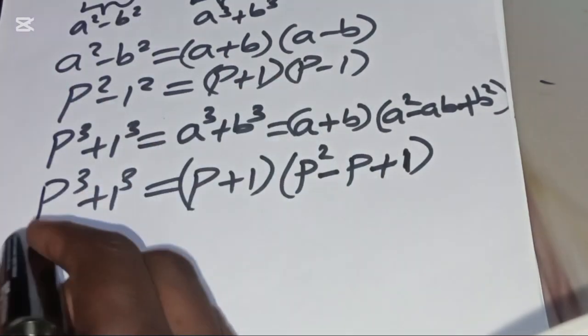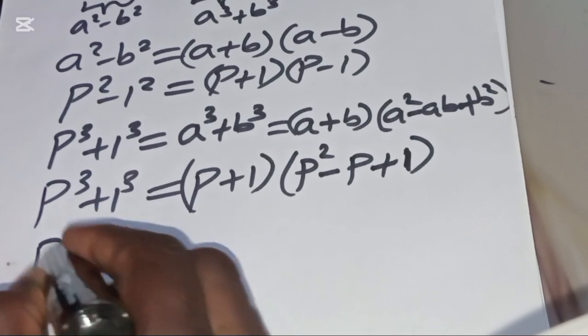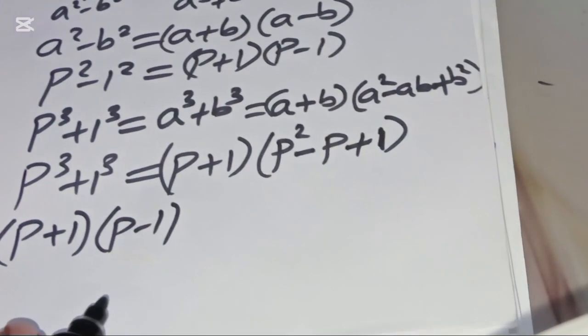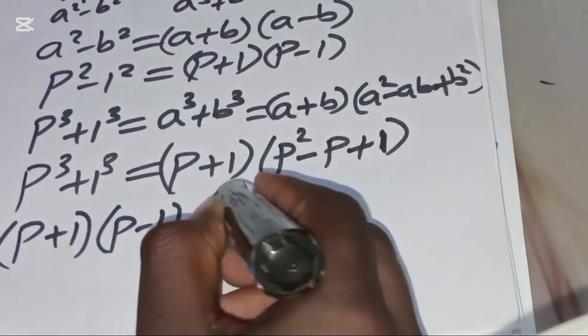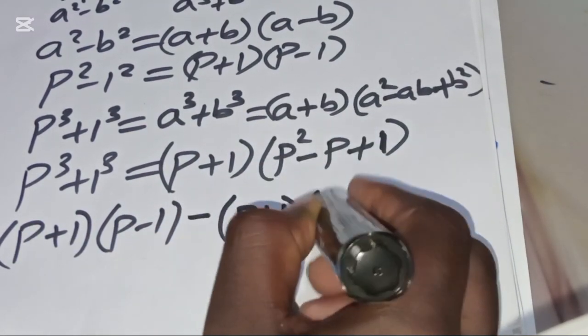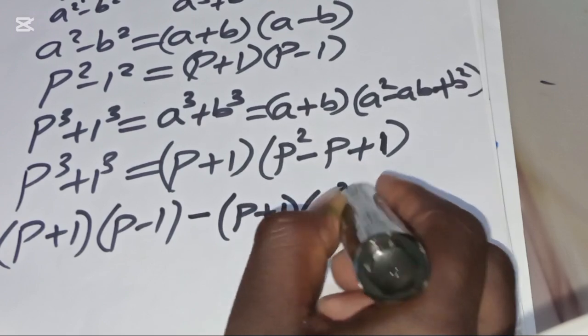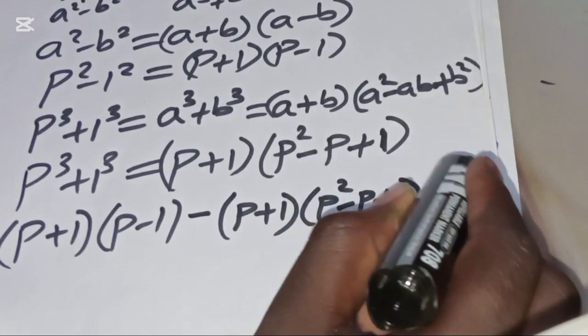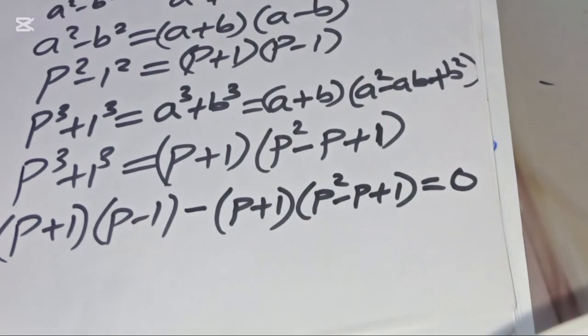So we'll have p plus 1, p minus 1, okay, subtract, we have p plus 1, p squared, subtract p plus 1. This is equal to 0.